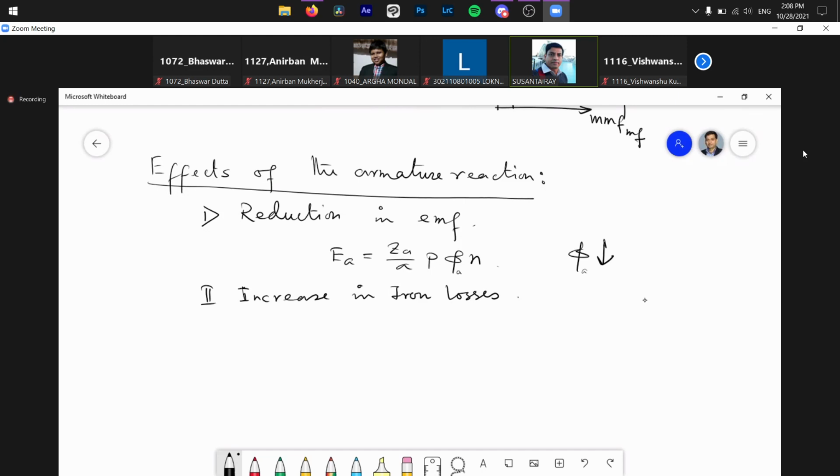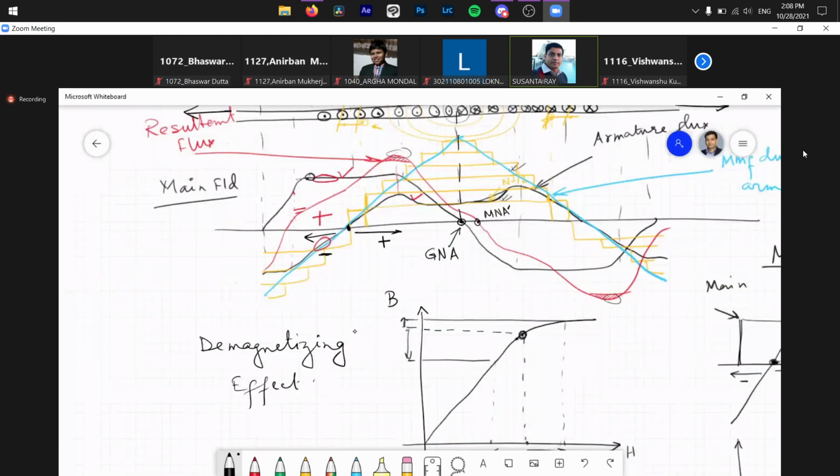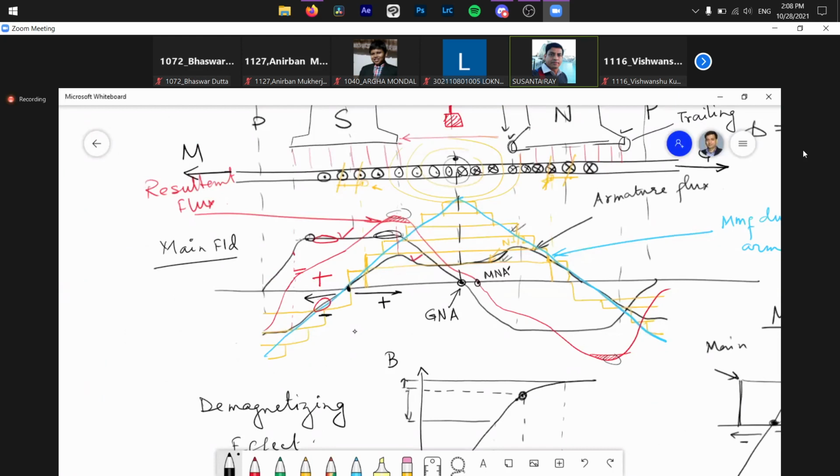Now if the flux density is increased, the iron losses will increase. Now you see, as per the previous curves of armature reaction, previously what was the maximum value of main field flux? So this was the maximum value. Now the maximum value becomes this.